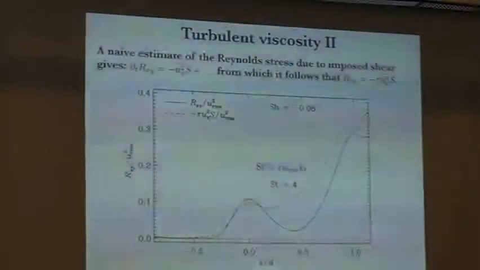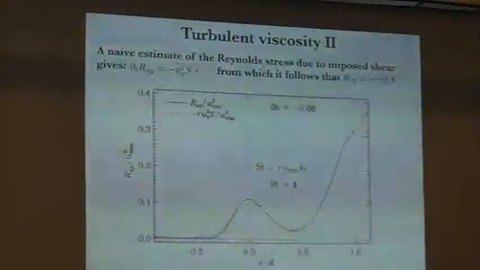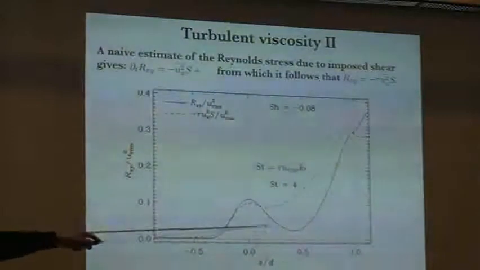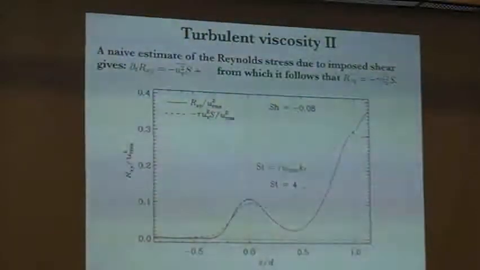If I define tau by just URMS and KF, then how would that compare? Then the Strouhal number would be 1, and this would be 4 times less, this dashed curve here. But we never checked that for this convection flow. We only checked that for forced turbulence.